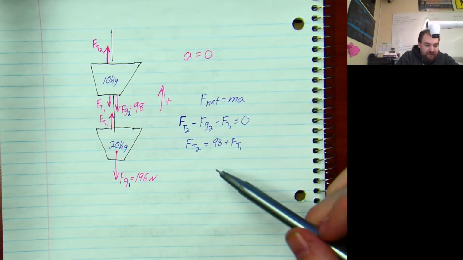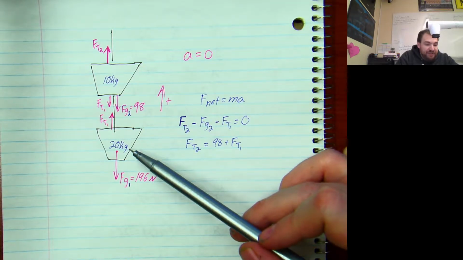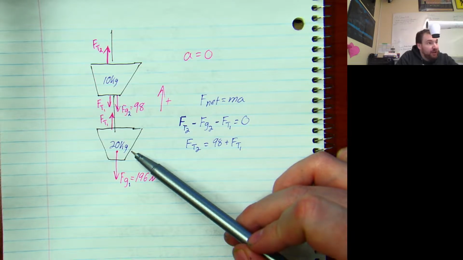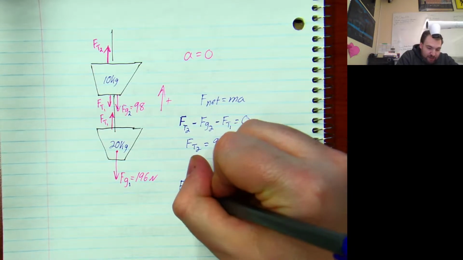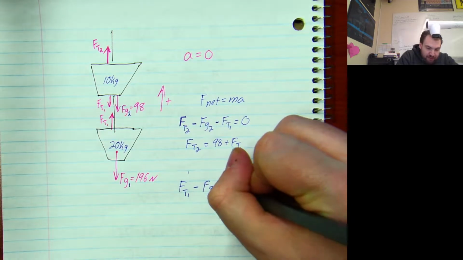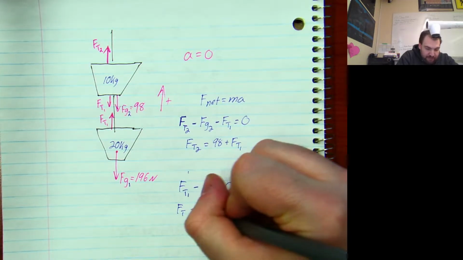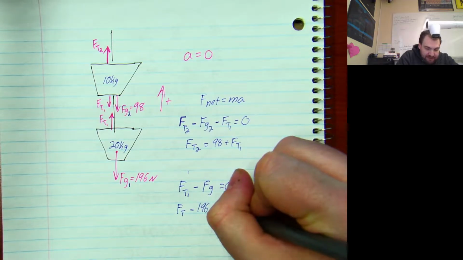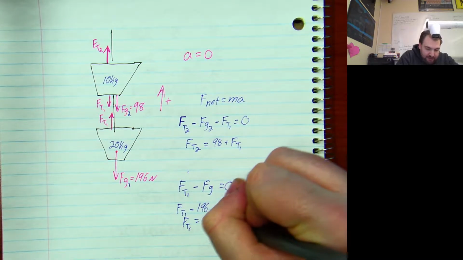So let's go through now and find FT1. Let's analyze the other block. What's the F net equation going to be for the other block? FT minus FG equals MA, right? FT1 minus FG equals 0. So that's going to be FT1 minus 196 equals 0. So FT1 is going to equal 196 newtons.